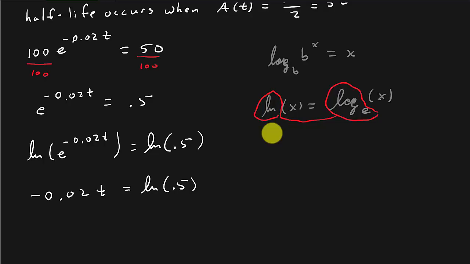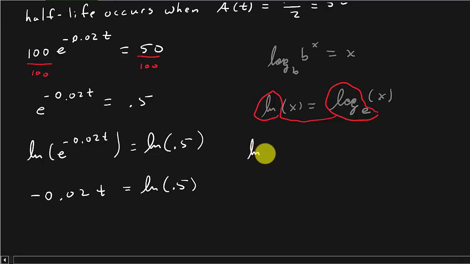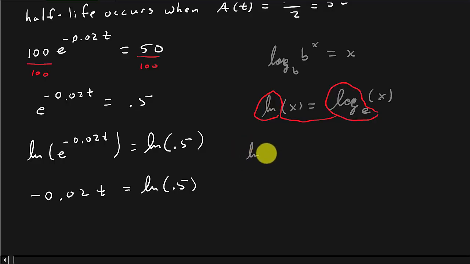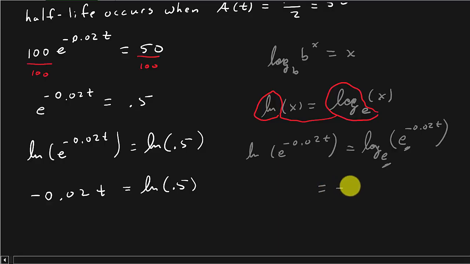And so what we have here is the natural log of e to the negative 0.02 t. Remember, ln is the same thing as log base e of e to the negative 0.02 t. You can see that the base of the log and the base of the exponent are the same, so that is just going to give us the exponent, and that's where this comes from.